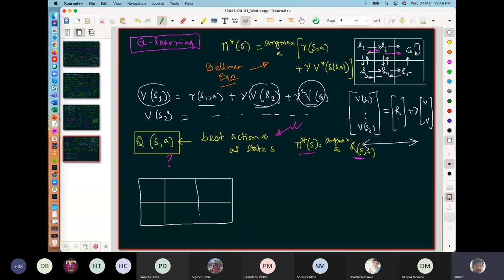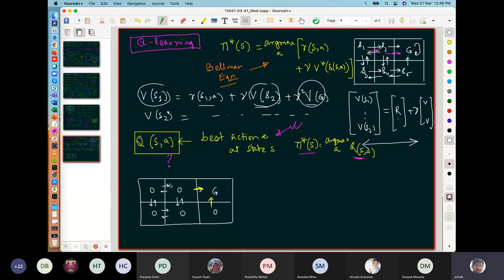Initially, I set every Q value to 0. Remember, you have these actions. All of these are 0 except this one, which I draw in a different color. This one has 100 and this one has 100. So initially, I set all the Q values to 0.